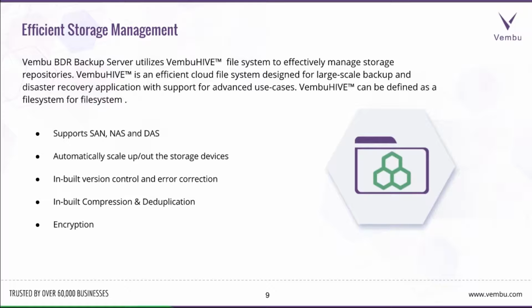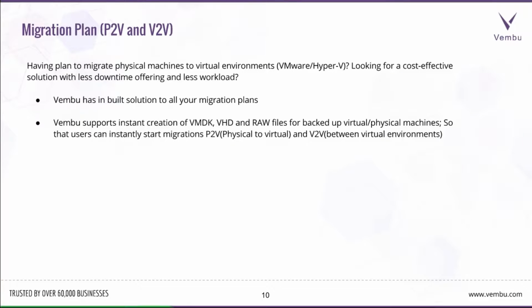Vembu Hive is a file system designed for large-sized cloud-based storage, and this can be easily integrated in any type of hardware like SAN, NAS, or even direct attached storage. This file system is called the file system of file systems, where you can automatically scale up or scale out the storage devices. It has inbuilt version control, error correction, compression, deduplication, and encryption mechanisms integrated in it.